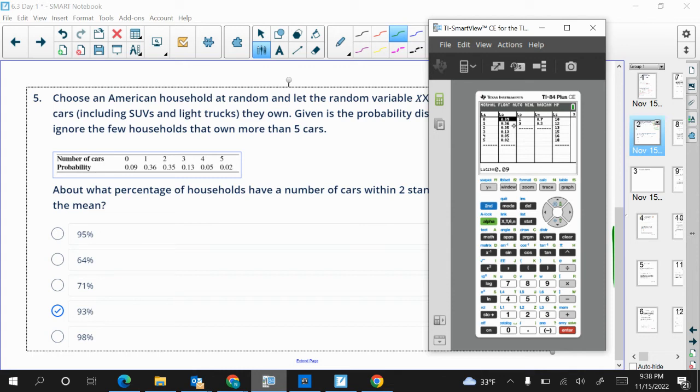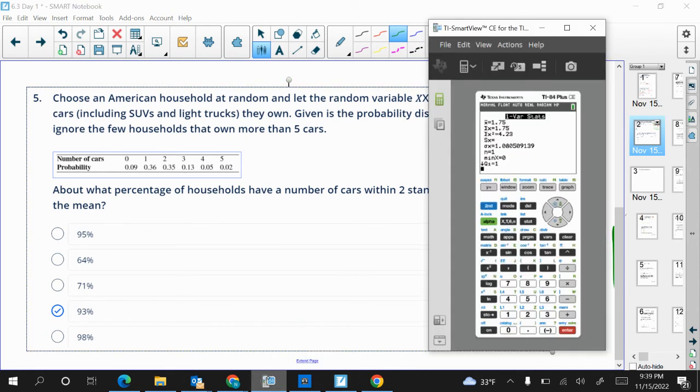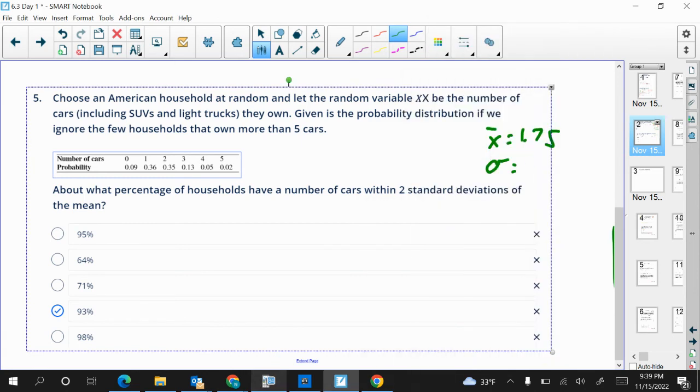Thankfully, my data is already in there. It looks good. So when I go stat, calc, 1-var stat, yep, all good there. L1, L2. My mean is 1.75. My sigma is 1.081.